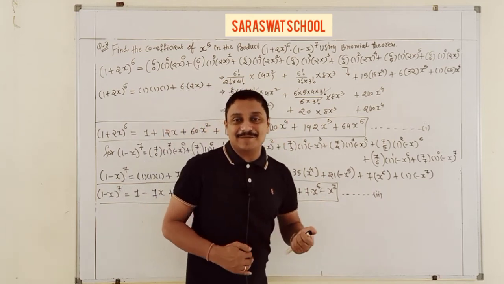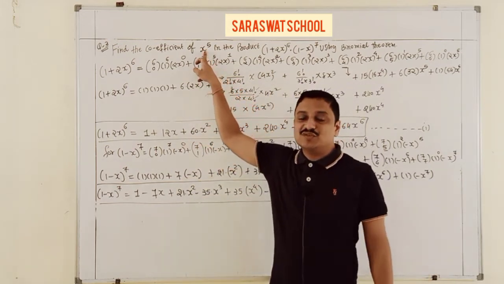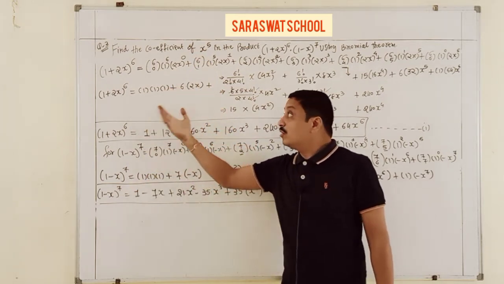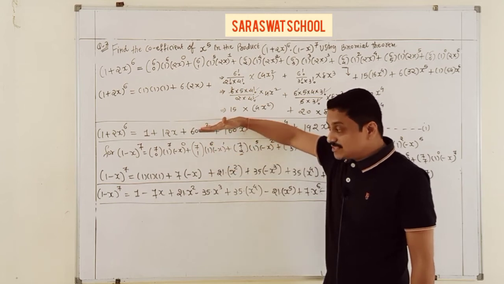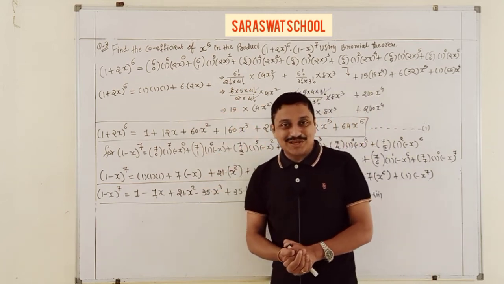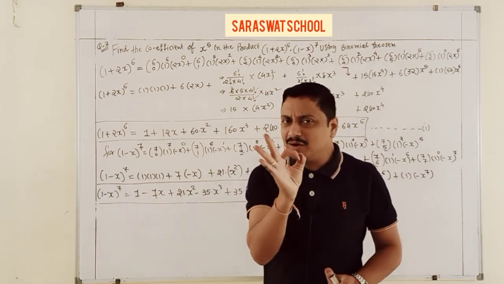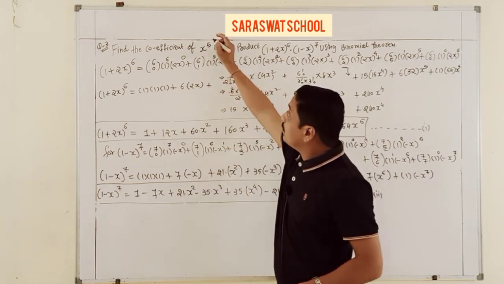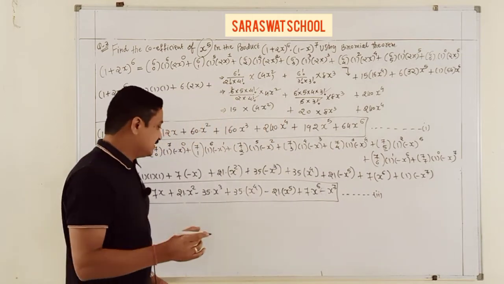Now students, I want the coefficient of x raised to 5 in the product of both expansions. It means 7 terms and 8 terms both multiply. So 7 8s are 56 terms, but we do not write that. We only write the coefficients that give x raised to 5. So I go very easily and very technically.